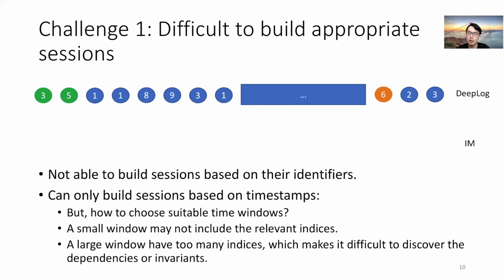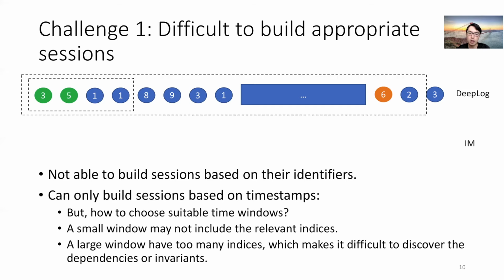We can only build sessions based on timestamps, but how do we choose suitable time windows? For DeepLog, 6 is after 3 and 5, so this log sequence should be normal. But if we choose a small window, we cannot see 6 after 3 and 5, so it will be predicted as an anomaly, which is a false positive.